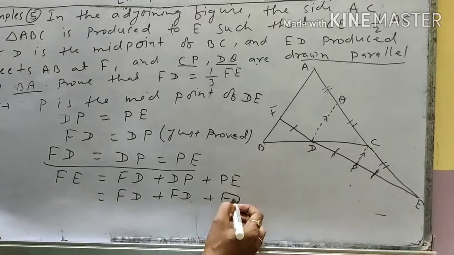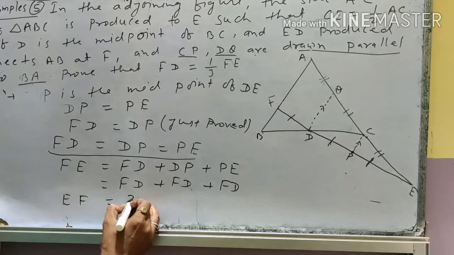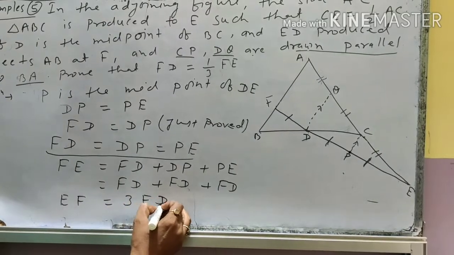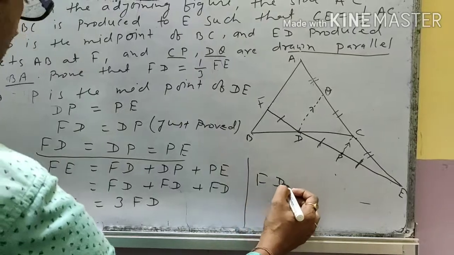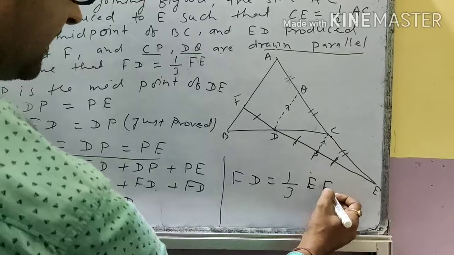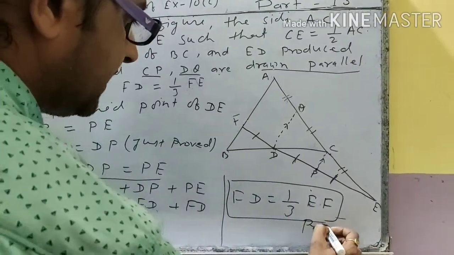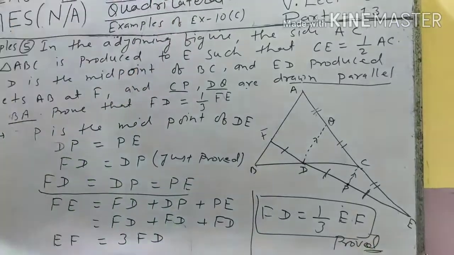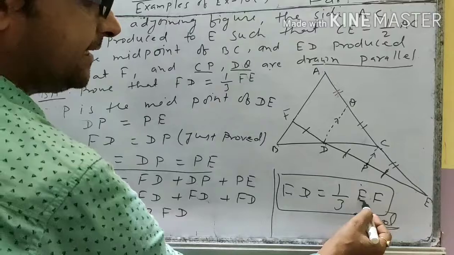So EF is equal to 3 times FD. So FD is equal to 1 by 3 EF. This is your proof. Okay student? FD is equal to 1 by 3 EF.